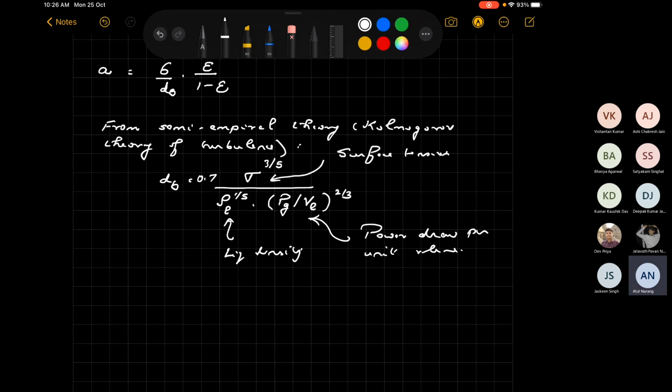Would anybody like to take a shot at what the effect of increasing power draw per unit volume would be on KL? So it's clear that it's increasing A, right? What would be its effect on KL? KL we know to be diffusion coefficient divided by LL.